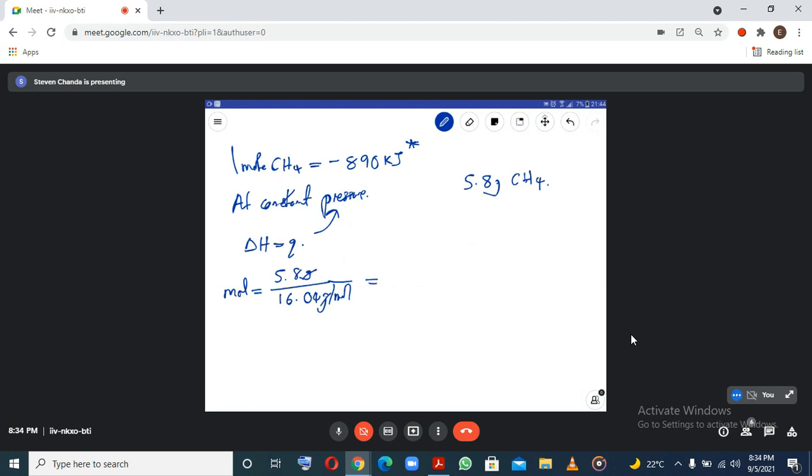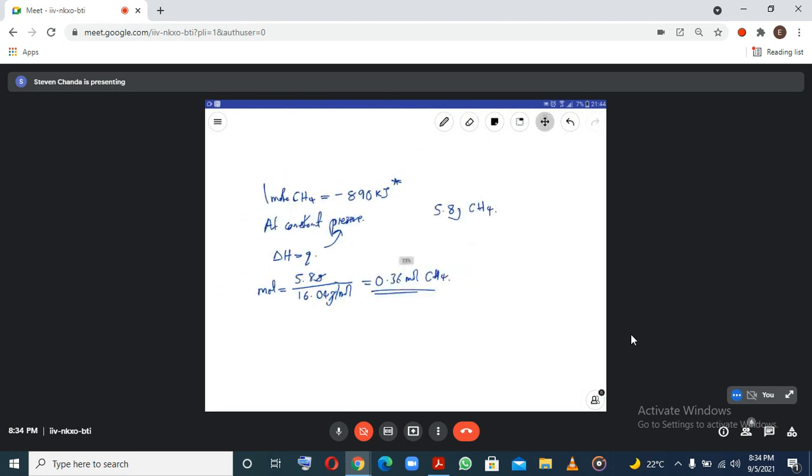So the moles are going to give us 0.36 moles of methane.